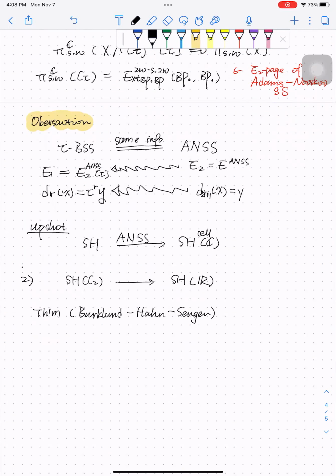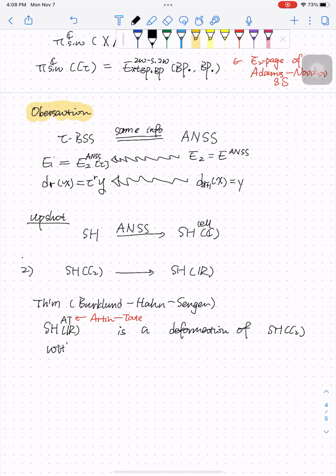They say that the Artin-Tate R-motivic category is a deformation of the C2-equivariant category, where everything is also p-completed, with parameter tau.